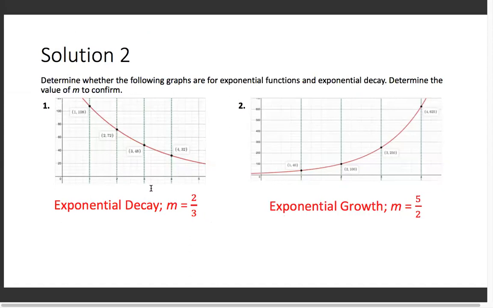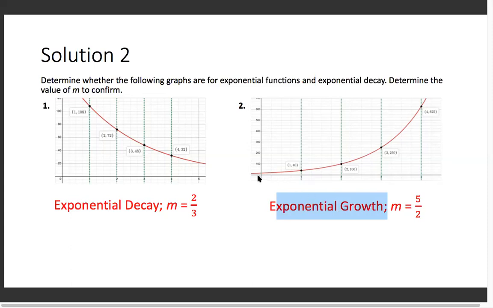Aha! Okay, so number one, pretty much, we can say that it's definitely an exponential decay. As mentioned, exponential decay means the values are getting lower, which means we expect the graph to actually go lower. Exponential growth, on the other hand, means that the numbers should be increasing.